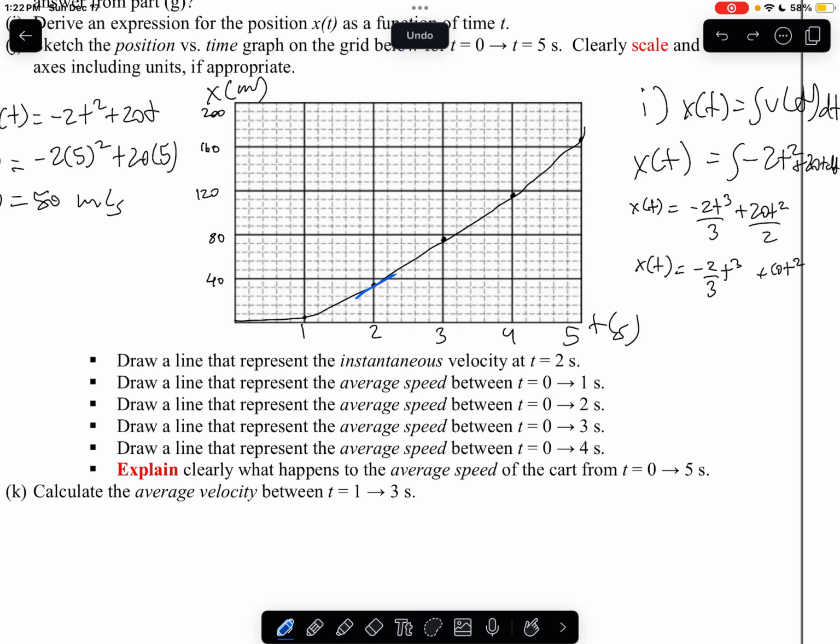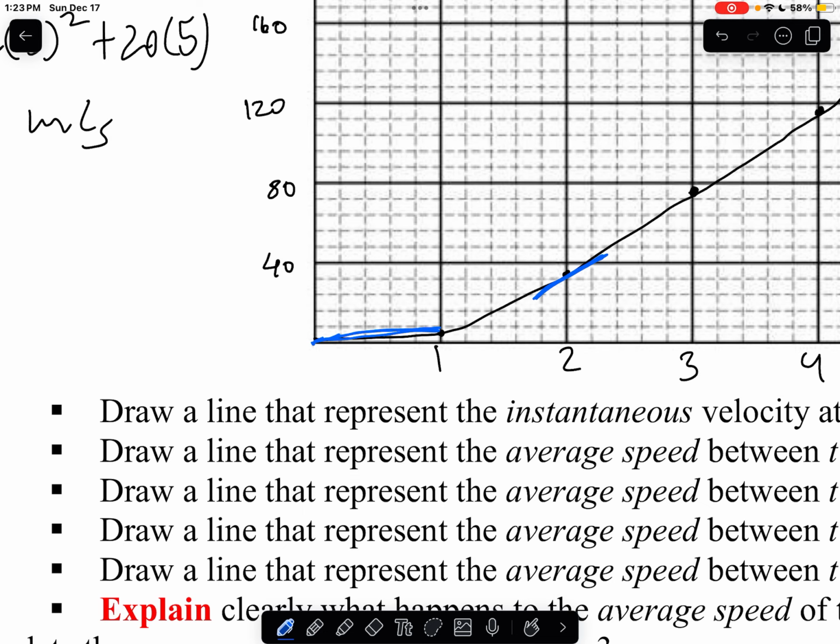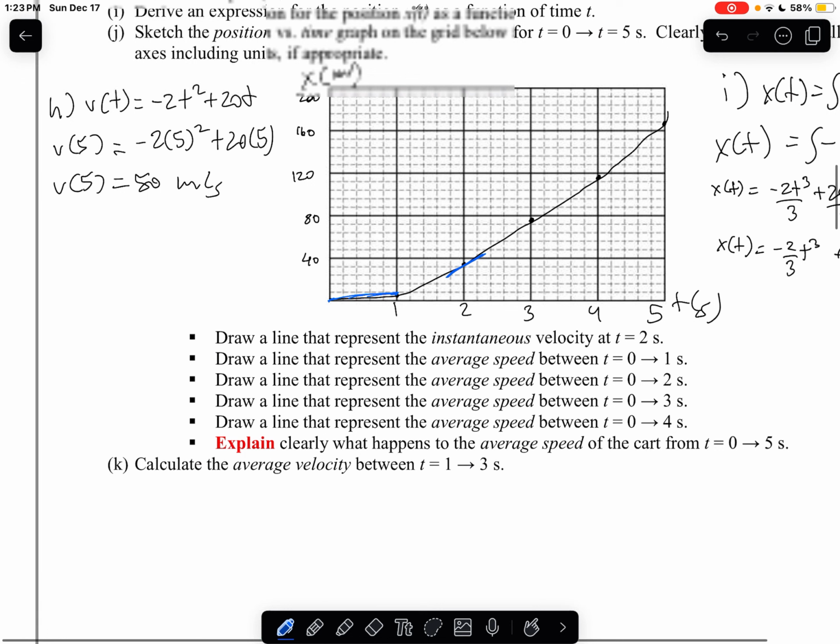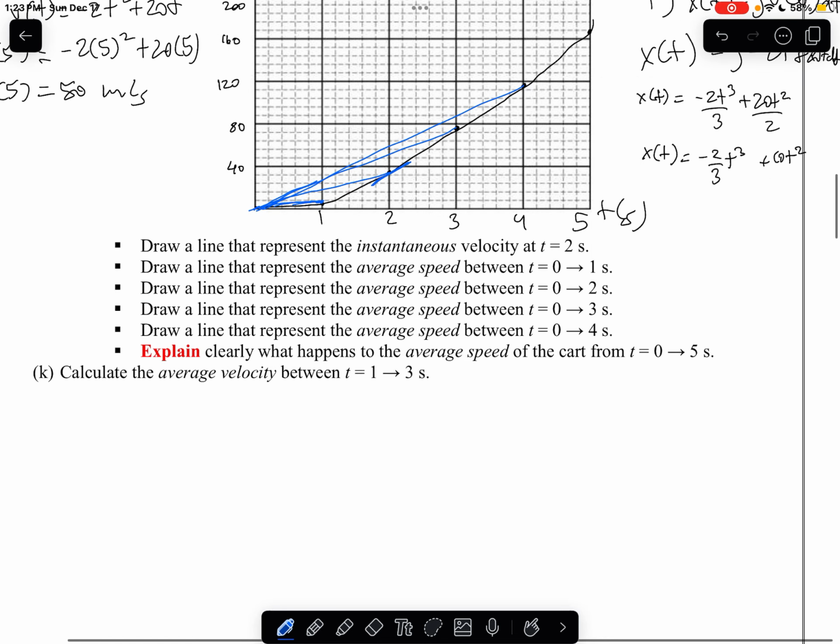Oh, initial velocity is 0, so it's going to look somewhere around there. And then 0 to 2 is going to be like that, 0 to 3, 0 to 4, and then 0 to 5.